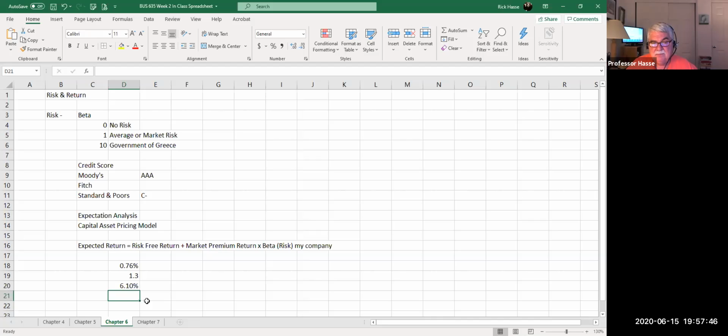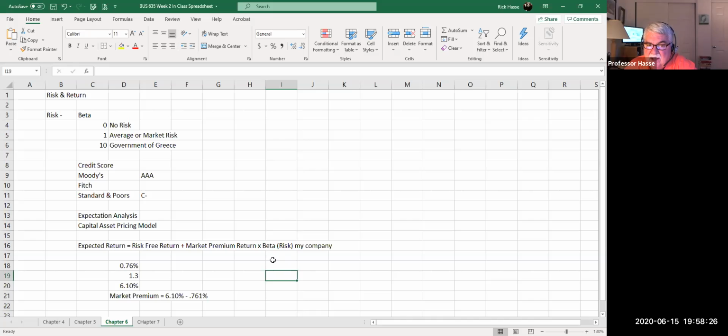The market premium is equal to 6.1%, the market return, minus the risk-free rate, 0.761%. That difference is called the market premium. It's the spread between the market return, which has a beta of 1, and the risk-free rate, which has a beta of 0. That premium is going to be multiplied by the beta of Ford.